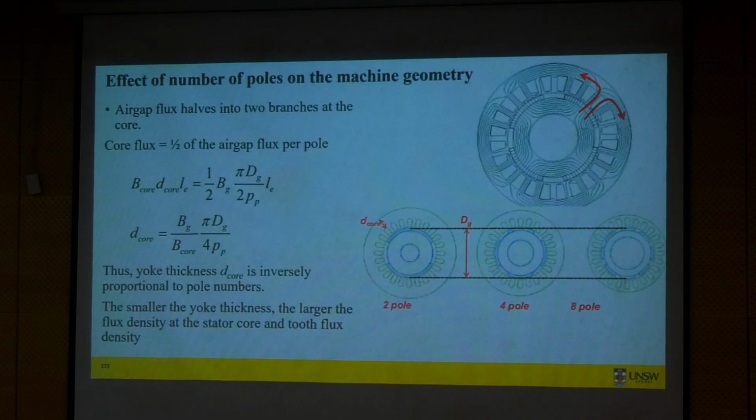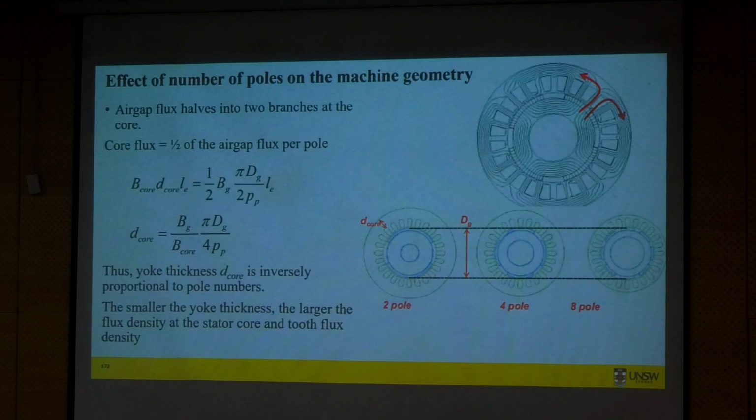The other thing is, we have talked about pole numbers. We said that pole number we can either decide in the beginning, or we can determine or optimize.